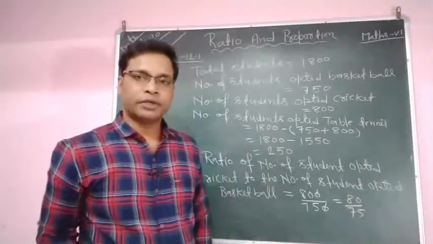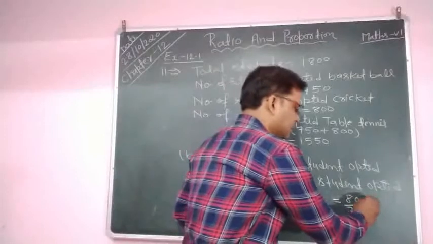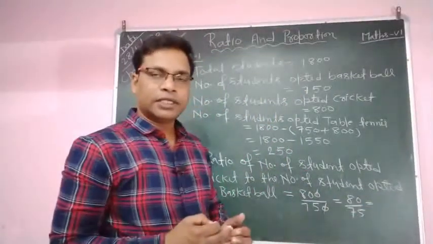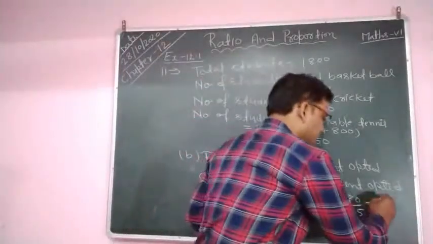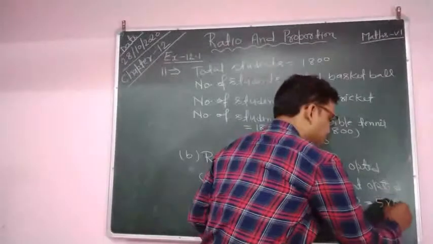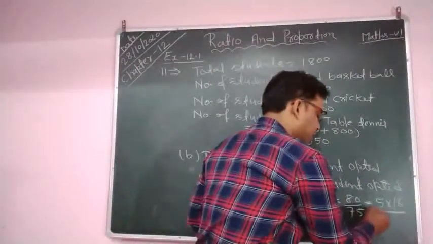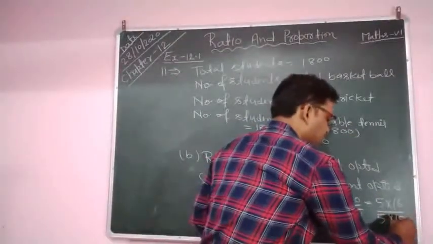This is clear. Now we can write 80 as 5 into 16, and 75 as 5 into 15. Clear?